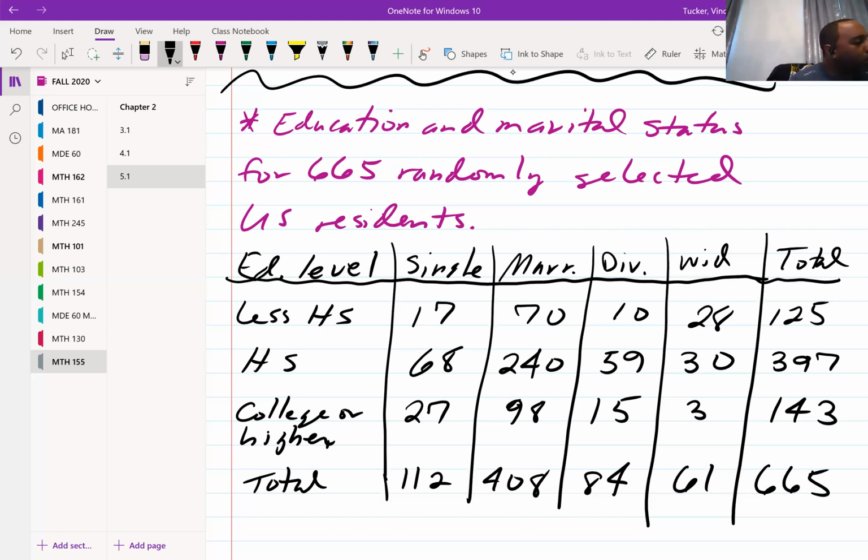We're going to use this chart for this example and the next example. In the purple, education and marital status for 665 randomly selected U.S. residents.